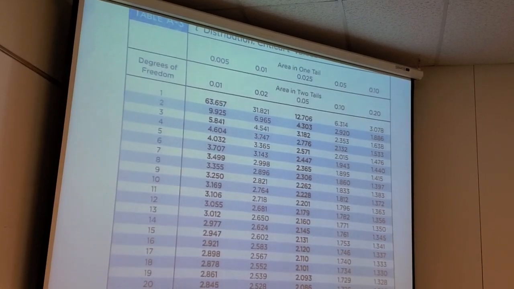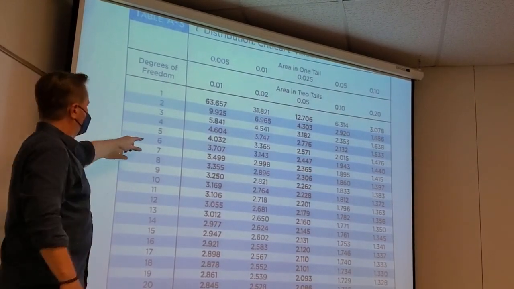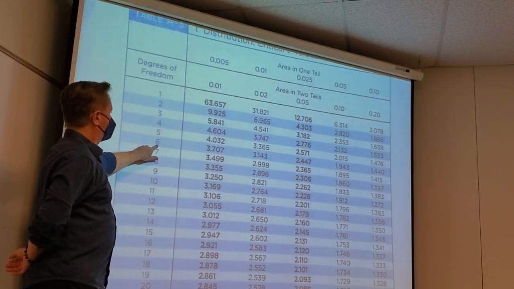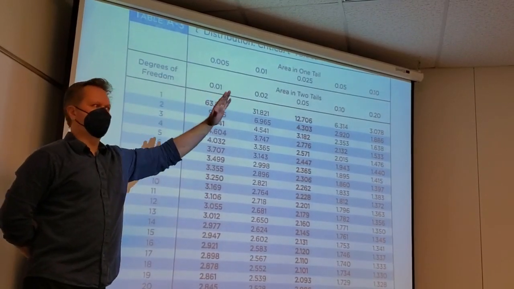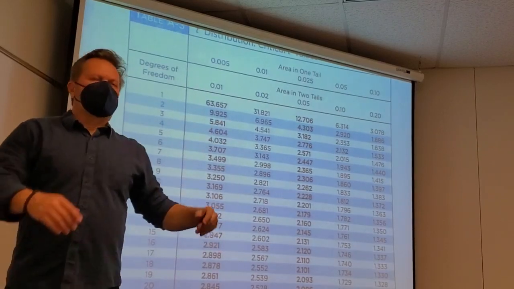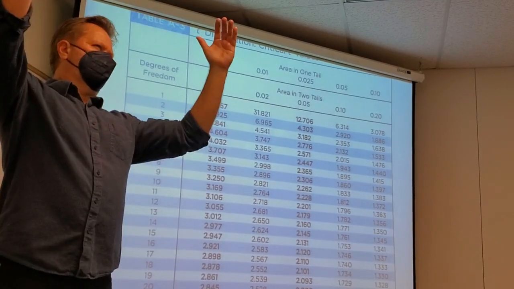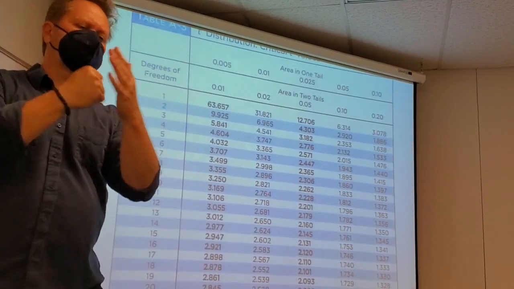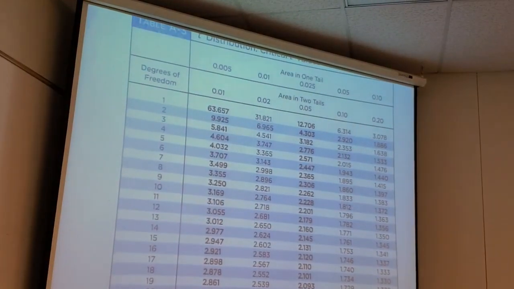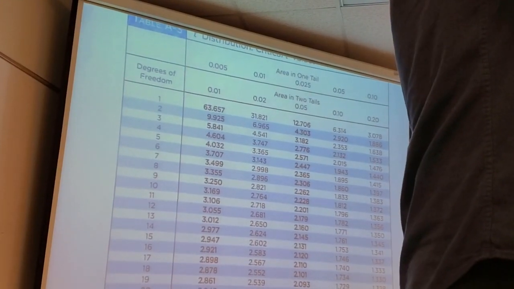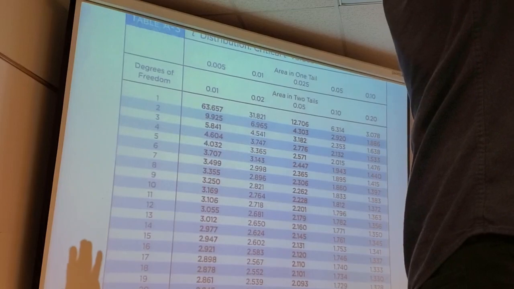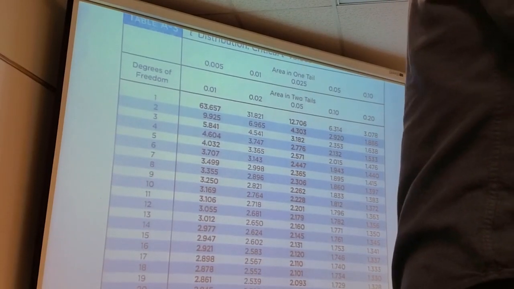Okay. And of course, how big of a sample does this represent right here? 7, because the degrees of freedom is n minus 1. And I tried to show you that example about where the idea of degrees of freedom comes from. Remember I showed you an example where we knew 3 numbers averaged to be 10, and the first 2 we could totally make up, and the last one had to be something specific.